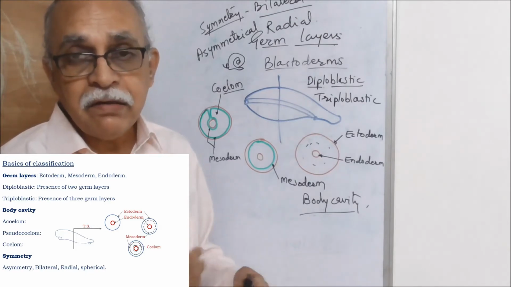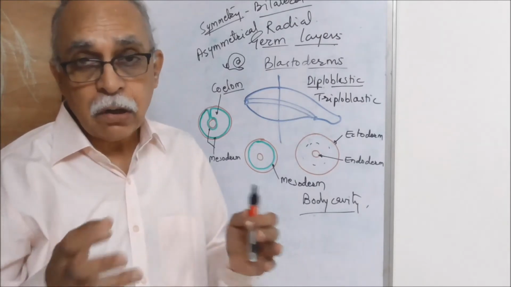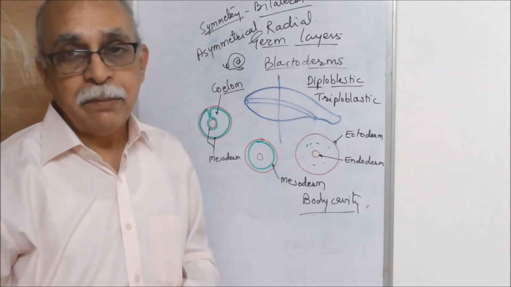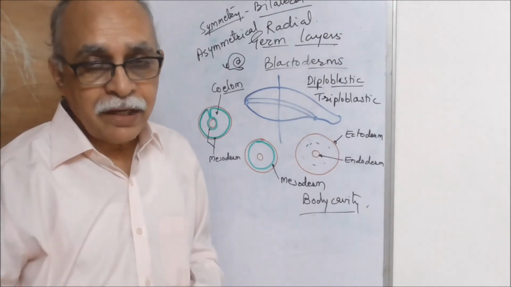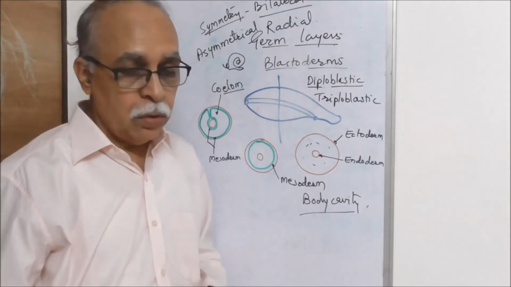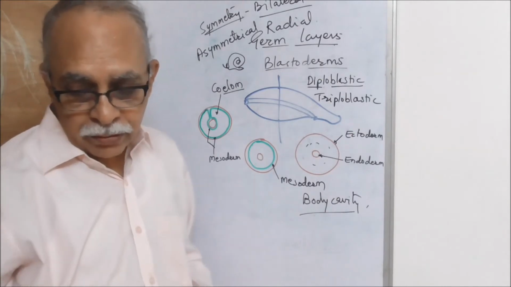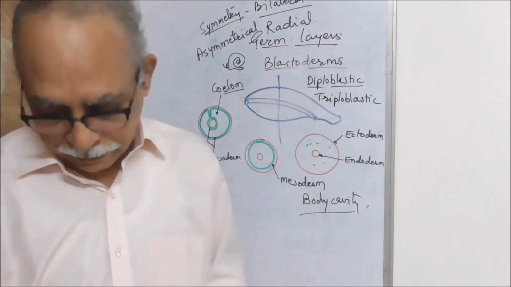It can be seen in the larval stage or in a colony, but an individual animal would never exhibit spherical symmetry. These are the types of symmetry which we need to keep in mind. Let's then go on to talk about the actual classification of animals.